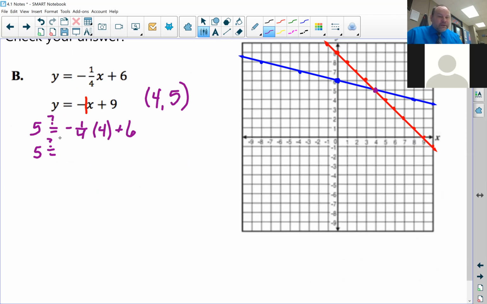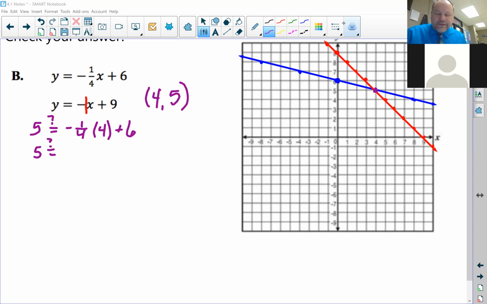-1/4 times 4. We can take -1 times 4 and then divide that by 4. So what is -1 times 4? Yeah, -1 times 4 is -4.